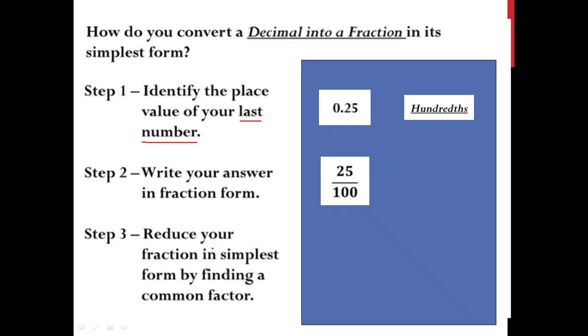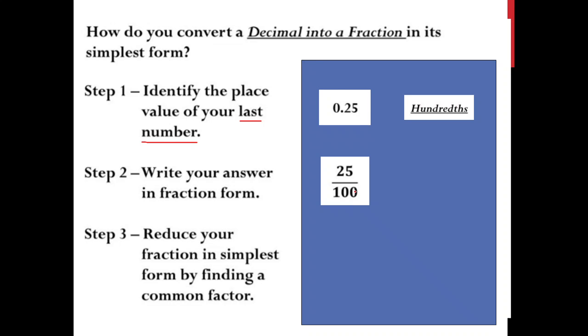Now how do we reduce this one, which is our last step, into its simplest form? We need to find the common factor between 25 and 100. Okay, so what's the common factor here?